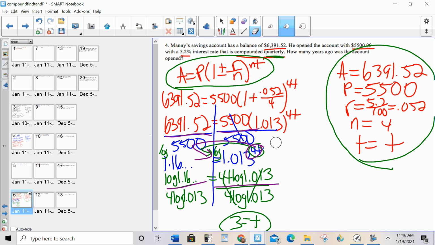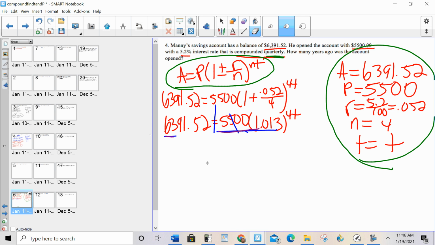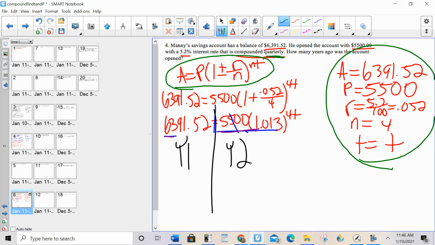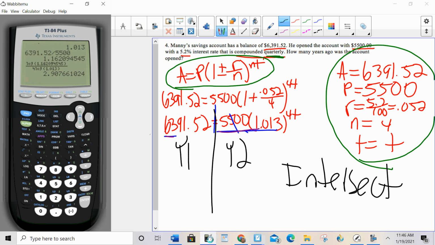Let's bring it back here. If I want to do this graphically, y1, y2 intersect. Y1 equals 6391.52.